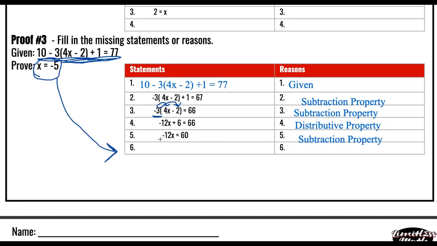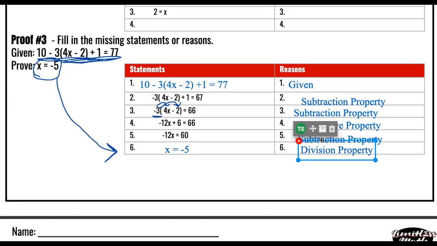And this should make sense, because if you solve this equation using algebra, which you have taken the course algebra already, divide both sides by -12, and x will equal -5. And since we divided both sides by the same number, then the property or the reason is division property.